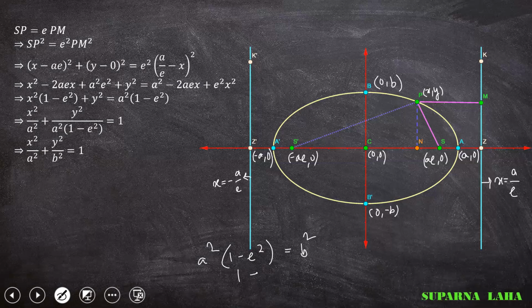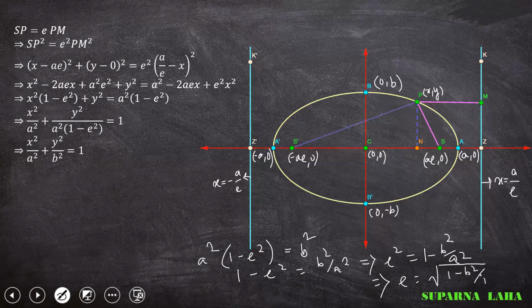So 1 minus e square equals b square by a square. Clear? So ultimately we can write down that e square is 1 minus b square by a square. Okay, so the value of e is under root 1 minus b square by a square. This is the value of e, and the important thing is that the value of e is always less than 1 in the case of an ellipse.